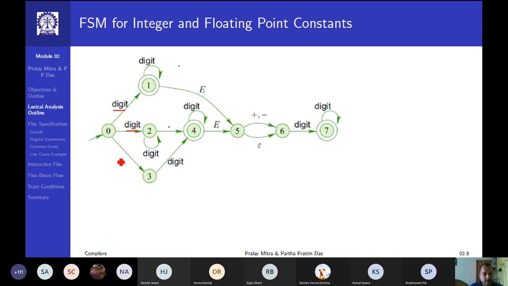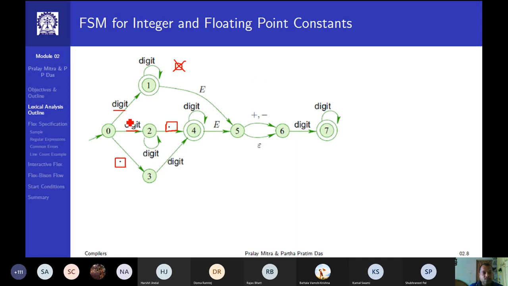This dot, which I am marking with a red box, is the decimal point, and the transition is based upon this decimal point. Whereas this other dot is actually a typo here, so better you remove it from your visual.